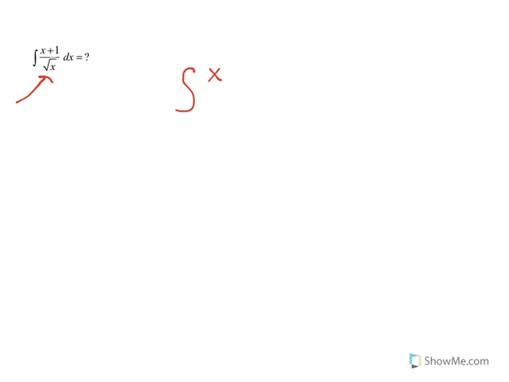I think the way most students prefer to think of it, let's do it that way, is they think about taking this and bringing this up as x to the negative 1/2 power. So right now it's down bottom as x to the positive 1/2 power. And the first move that they prefer to make is to take what we have here and bring it up into the numerator as x to the negative 1/2.